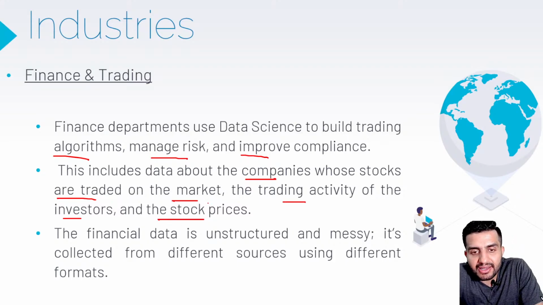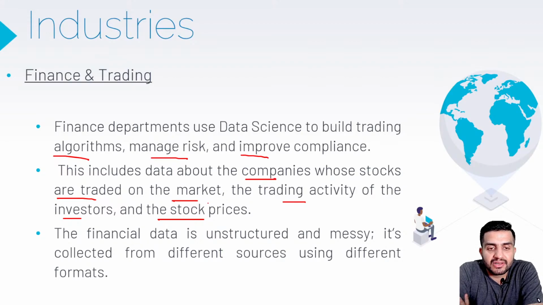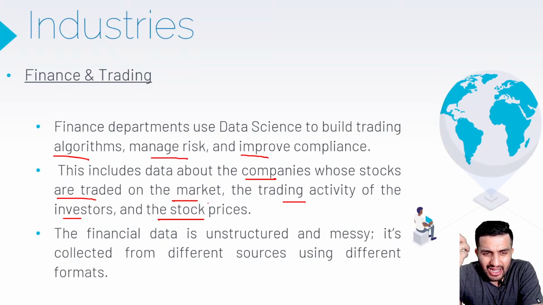So daily ups and downs, the selling point, how many stocks are changing hands at which point in time, the daily trading activities of respective investors, and how the stock prices change accordingly. All the day-to-day ups and downs of value points are what the finance and trading industry takes care of.